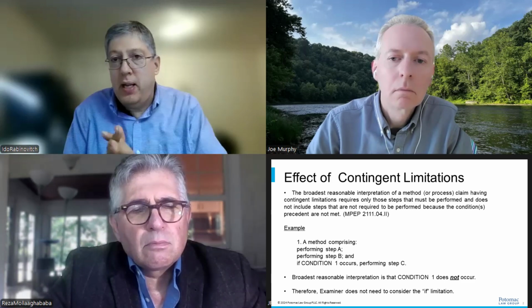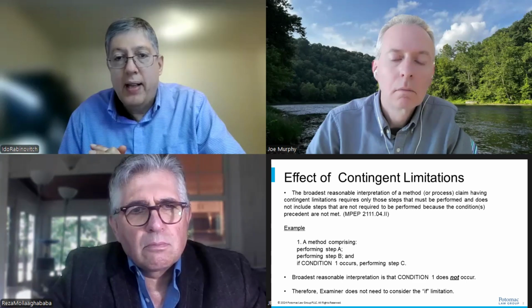I'm not an expert on EPO practice, but when similar situations happened, I have seen rejections that do fall under Article 84 of indefiniteness during examination in the EPO, where the examiner will say exactly that. It's not clear that this even needs to happen, so it's not clear what the bounds of your invention are.